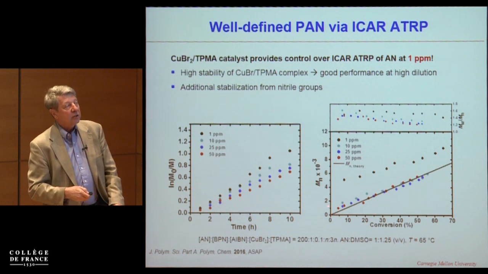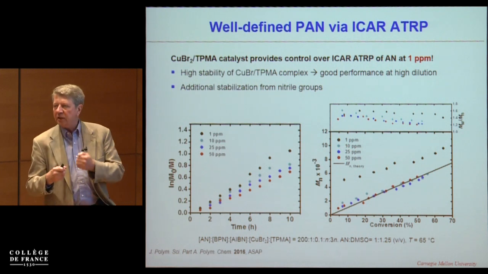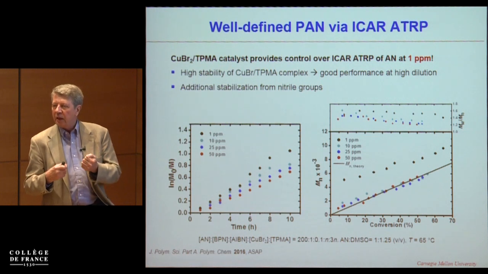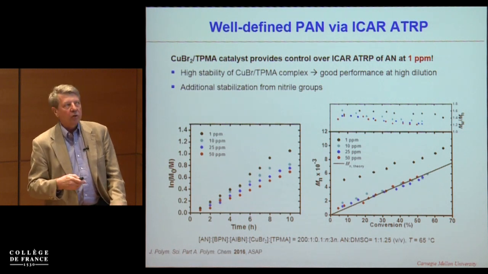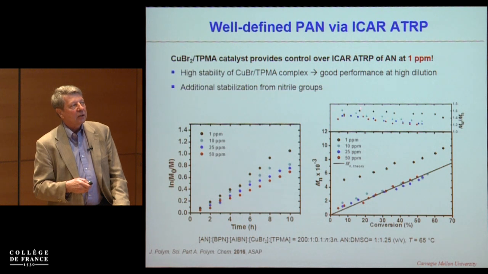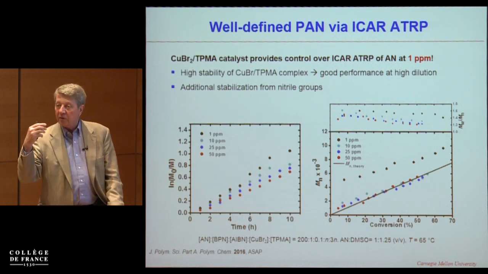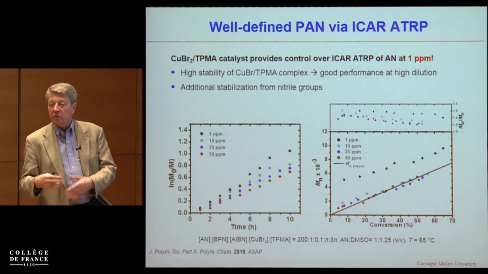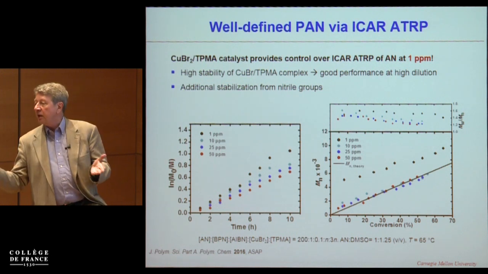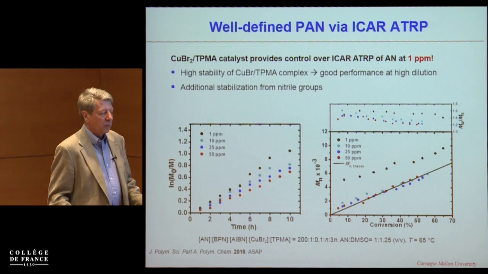And indeed, you can see here what happens if I go to 50, 25, 10 ppm, molar masses are nicely controlled. At 1 ppm, they increase, but there is a kind of jump at the beginning. I don't have enough copper to control all of them, but because of that, I can also control molecular weight distribution. And this may have a very interesting implication for morphologies, going to some kind of bicontinuous morphologies as well.